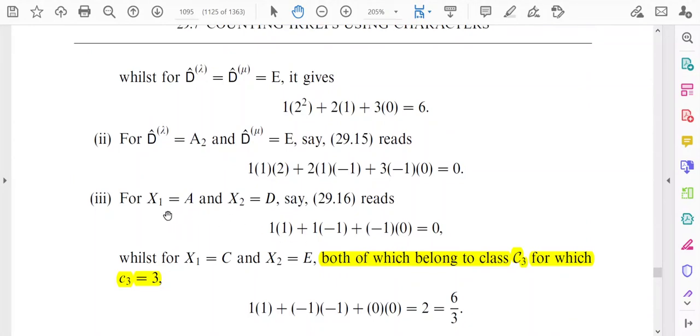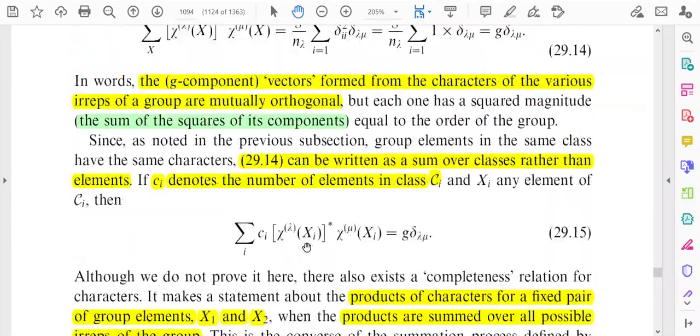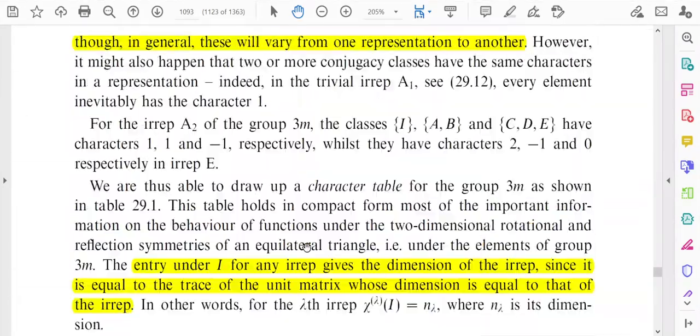For example, suppose x1 is equal to A and x2 is equal to D, that is, they are from different classes. These are the product of the characters, and the sum is over the different irreducible representations. So let us check it. The products are 1 into 1, 1 into minus 1, then minus 1 into 0. How the left hand side comes can be verified from the table.